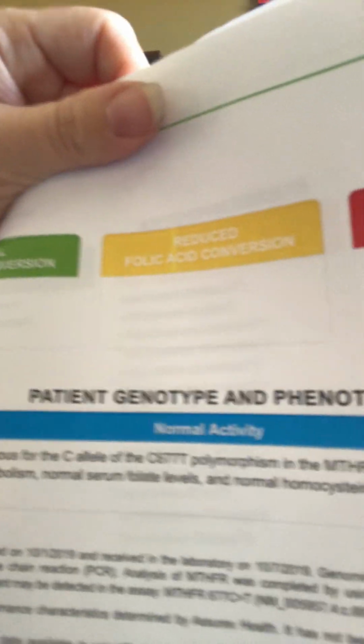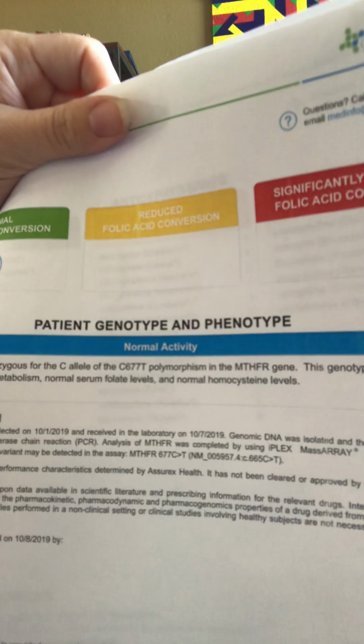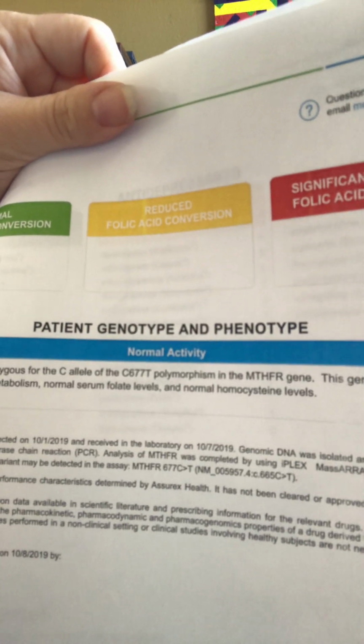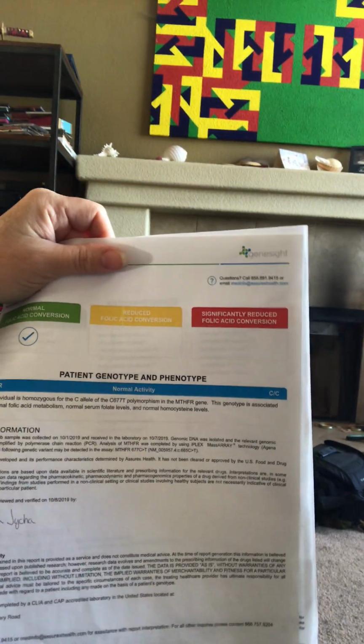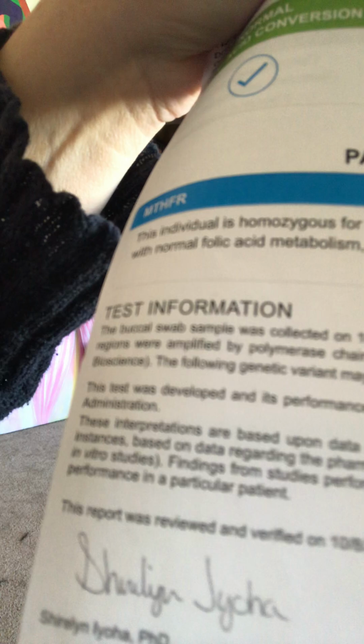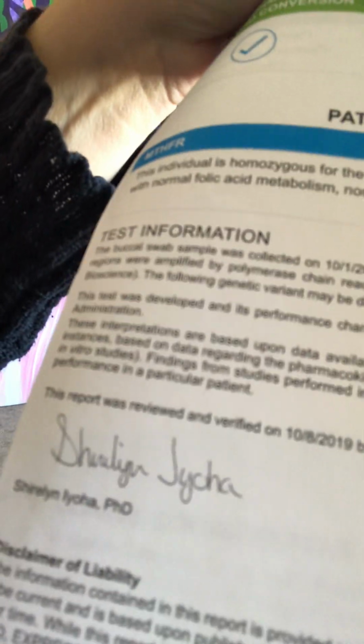And what this one specifically tests, I hope I'm zooming in on it, is the C677T polymorphism. And it's saying I don't have it. And it's so darn important. Look, somebody even has a signature. It's so darn important. Get tested, guys. Anyway, so.